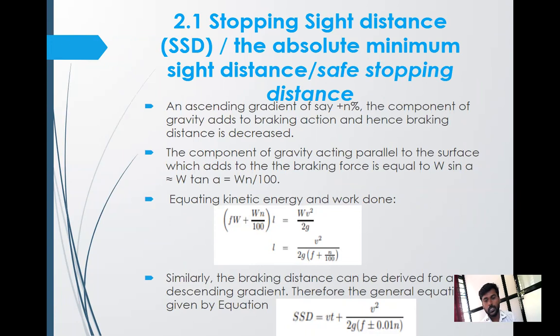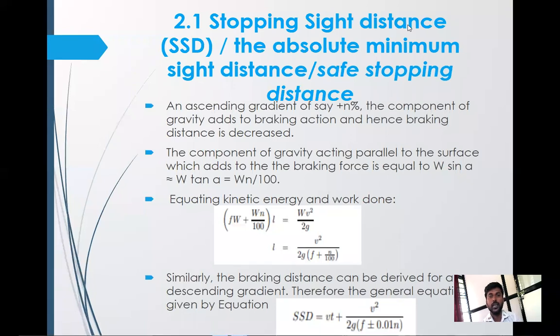This formula that we derived in the last lecture, where the velocity is in meter per second. It is very important here, the velocity is in meter per second. Then if the gradient is given, meaning rising ascending gradient or descending gradient, if the ascending gradient is given, then we will take the sign as plus.